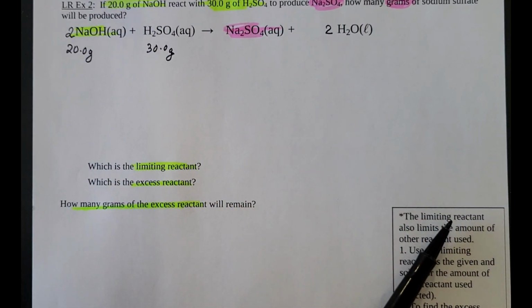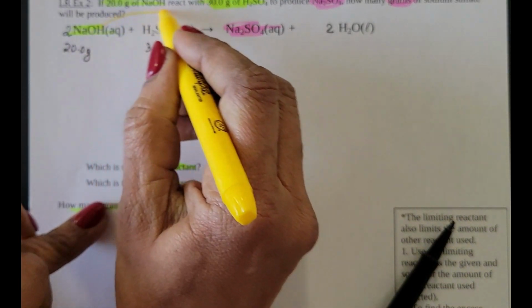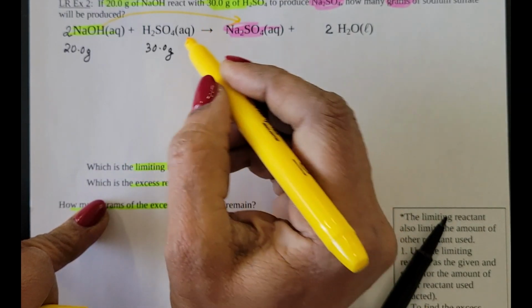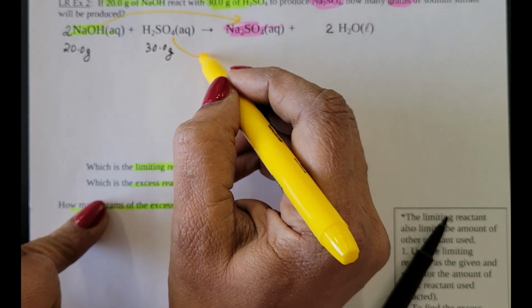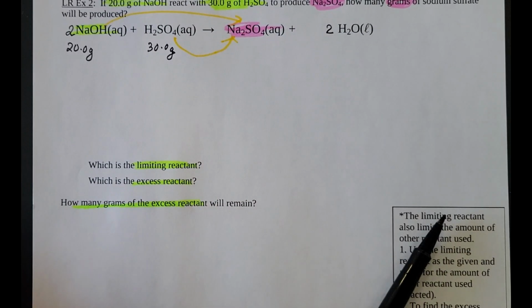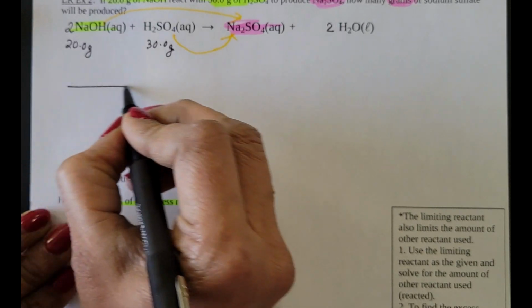So the first one, you are going to see from this much sodium hydroxide how many grams of sodium sulfate will be there. Second, you have to see from 30.0 gram of sulfuric acid how much sodium sulfate will be there. So 2 separate T charts. Okay, we'll start the T chart.